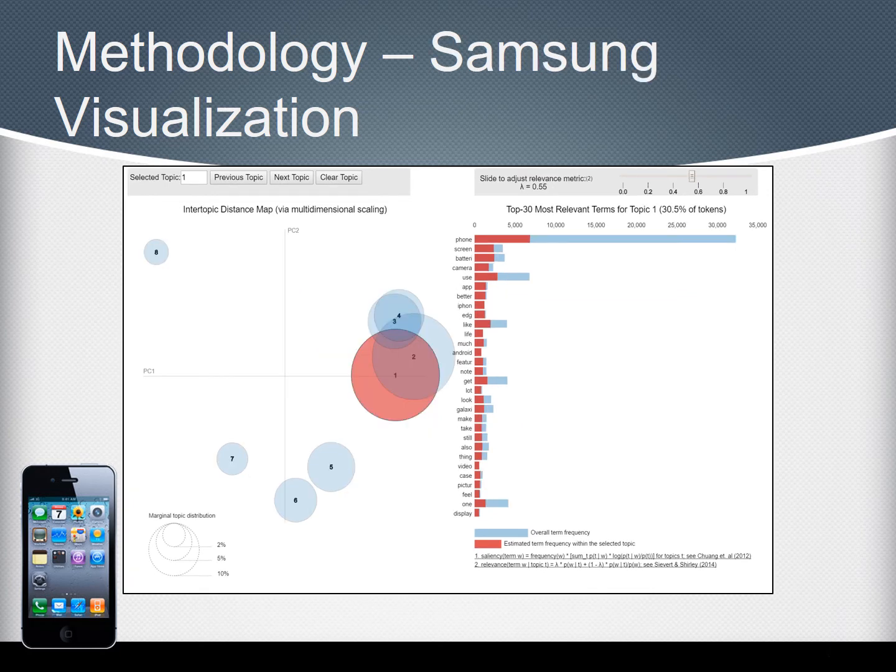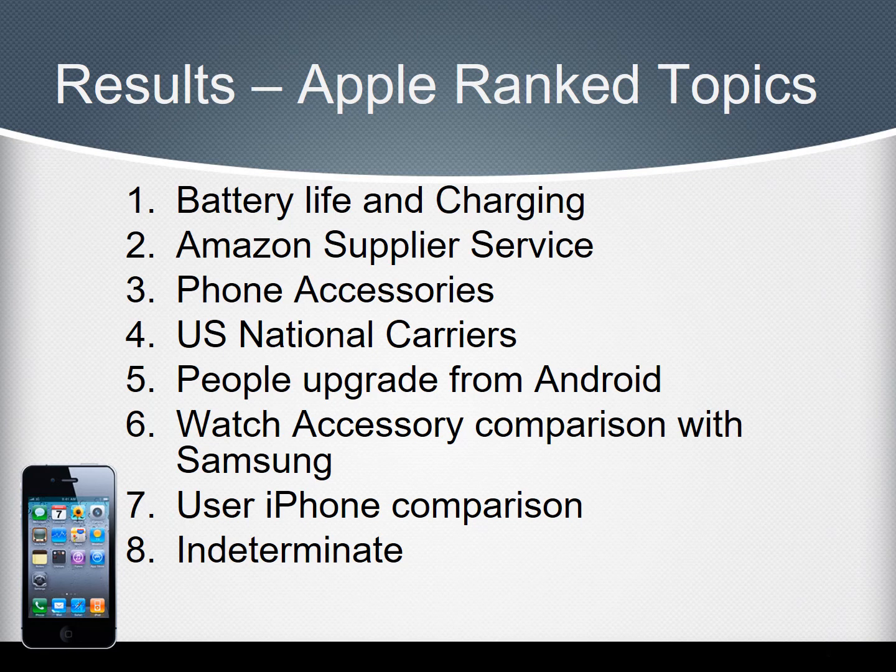Next, in the Samsung reviews visualization, we use lambda equals 0.155 to adjust the relevance metric, and it applies here. After reviewing the model, we narrowed down the Apple ranked topics, which are battery life and charging, Amazon supplier service, phone accessories, US national carriers, people upgrading from Android, watch accessory comparison with Samsung, user iPhone comparison, and indeterminate.